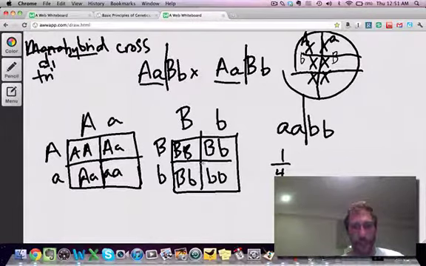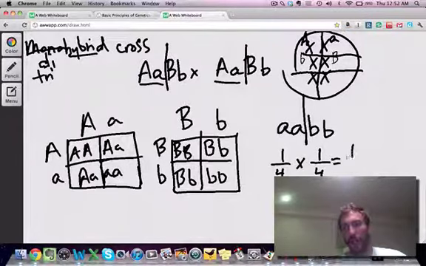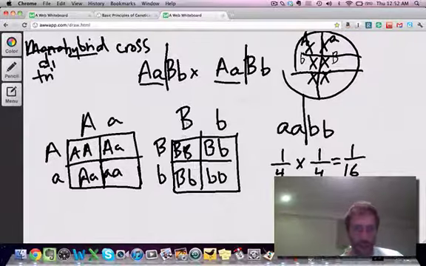And the chance of getting little b is 1/4. If we want to know the probability of these two events combined, then we just need to multiply them. So 1/16. This is kind of a shortcut, but it just takes advantage of the fact that we recognize these are two separate events.